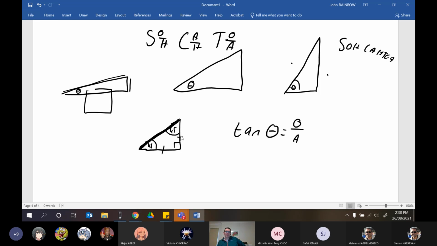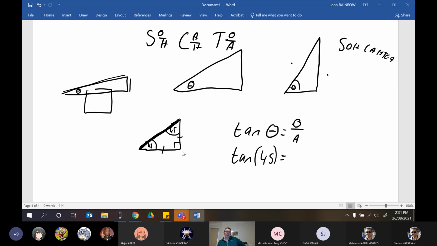Okay, what's my opposite here? What do you think this is going to be for this? What do you think tan 45 is going to be? It's going to be the hypotenuse. Is it? Tan is a ratio between the opposite length divided by my adjacent length.